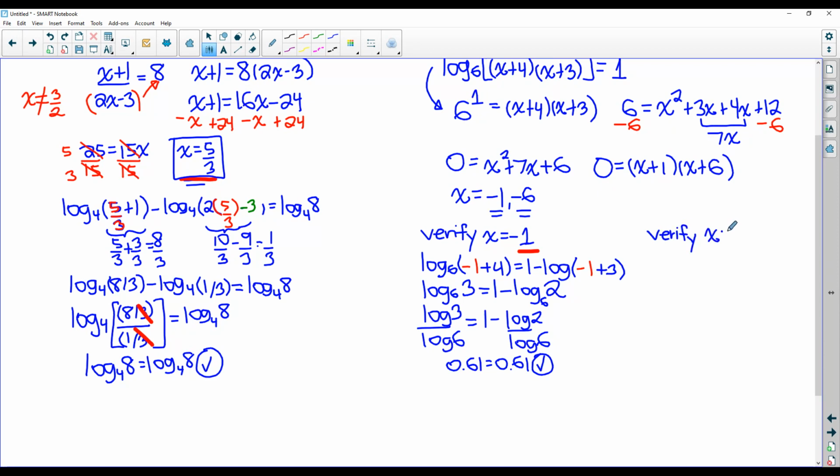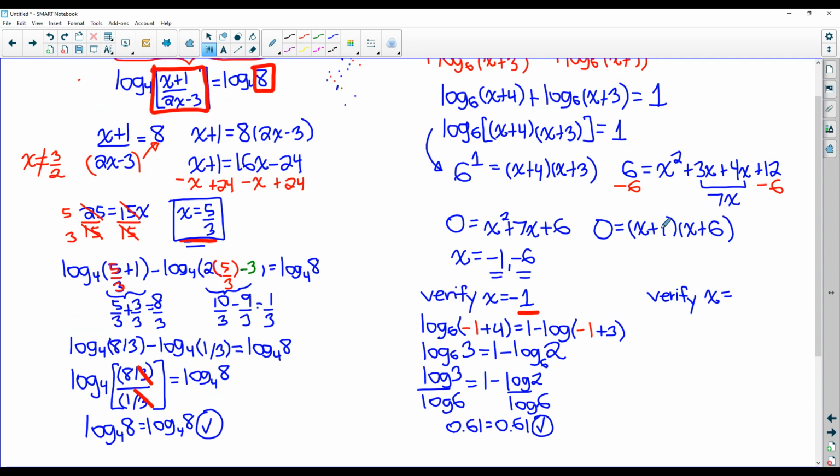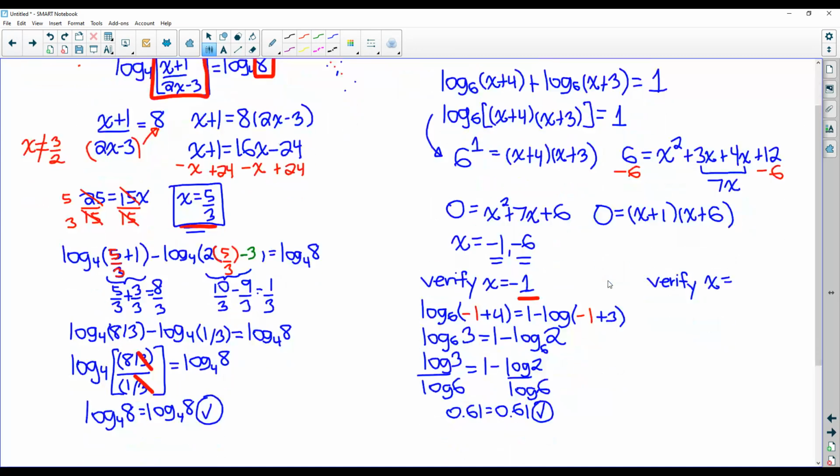Now let's try the other solution. We'll verify that x is equal to -6. Just as in this equation right here, we'll replace -1 with -6. So we'd have log with a base of 6 of -6 plus 4, equal to 1 minus log of -6 plus 4.